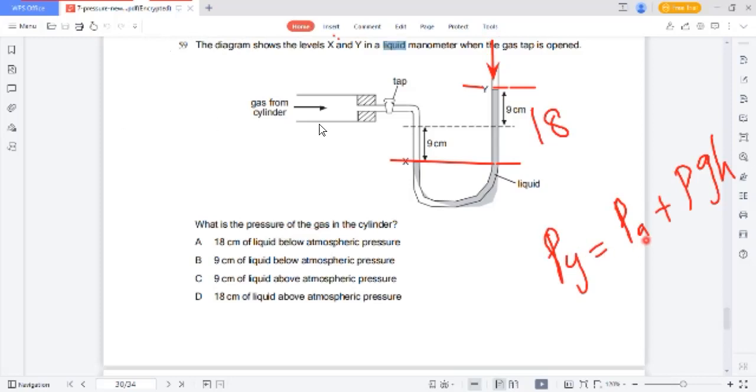It is more than atmospheric pressure. There is no sense of 9, it is all about 18. So we have 18 centimeters above atmospheric pressure. So this is our correct option.